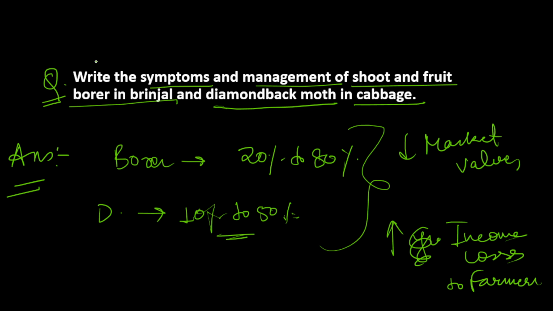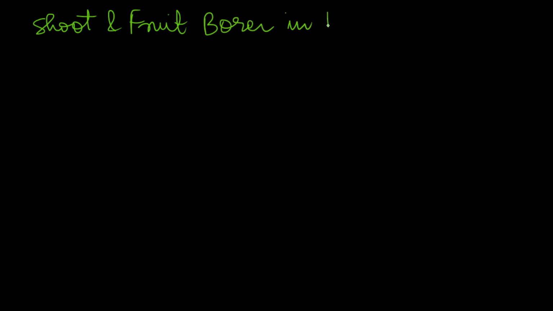Now let's move to the body, that is, symptoms and management of shoot and fruit borer in brinjal and then diamondback moth in cabbage. First of all we will take shoot and fruit borer in brinjal.